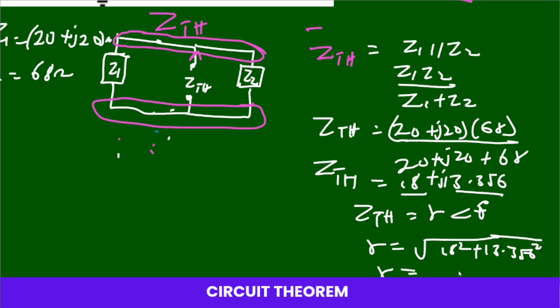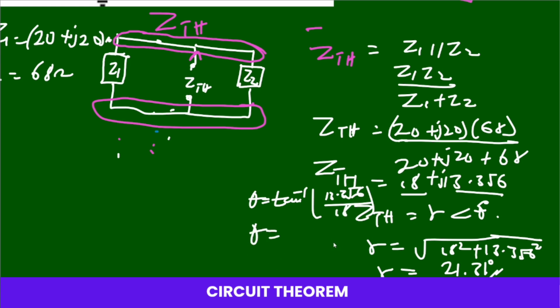Means that the value of R will be equal to 21.3. Now we can move on to find theta, and we know that theta is always given by the tan inverse of 13.356 divided by 18. Then the value of theta will be equal to 32.2 degrees.